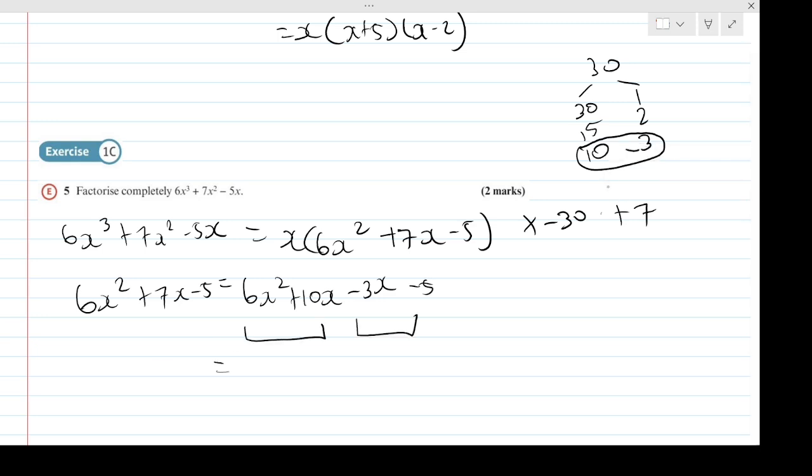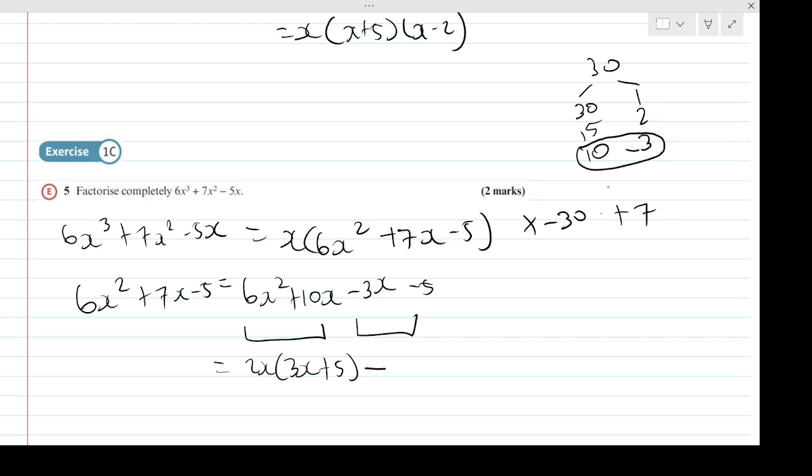So if I factorise the first two terms, 6x squared plus 10x, I notice 2x goes into both of them. So 2x, and then 3x to get 6x squared, and then 5 to get 10x. And then for the second part, minus 3x and minus 5, there's nothing we can pull out apart from minus 1, but we'll still take it.